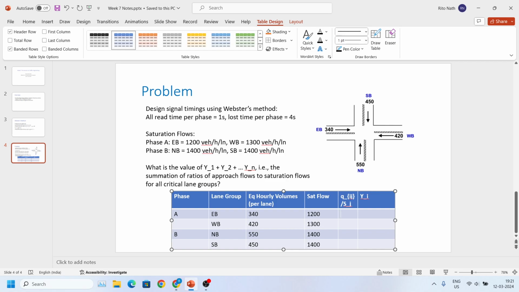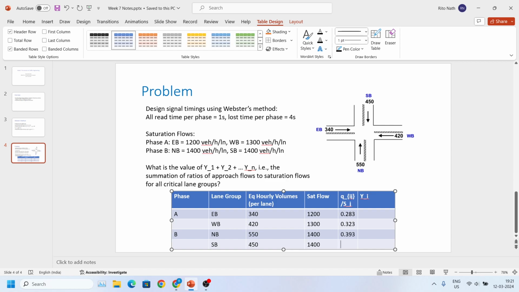Okay, so it's coming out to be 0.283. Then it's 420 divided by 1300. So it's 0.323. Then you have 550 divided by 1400. So that's 0.393.